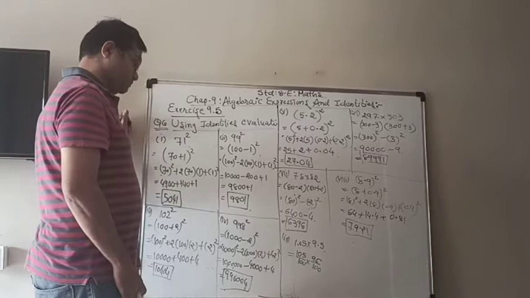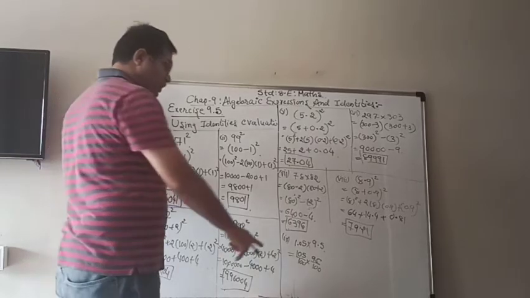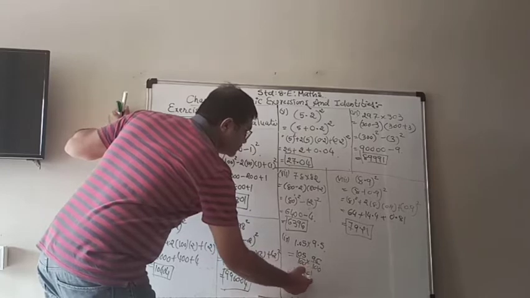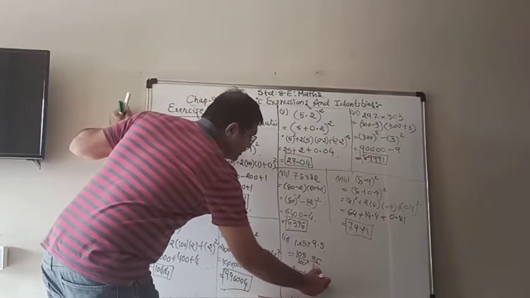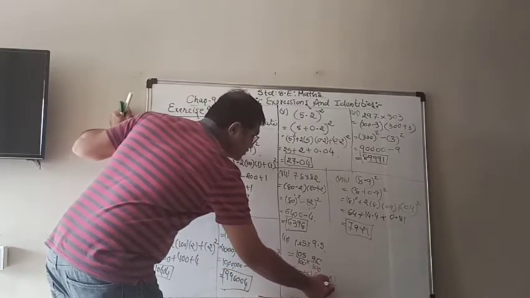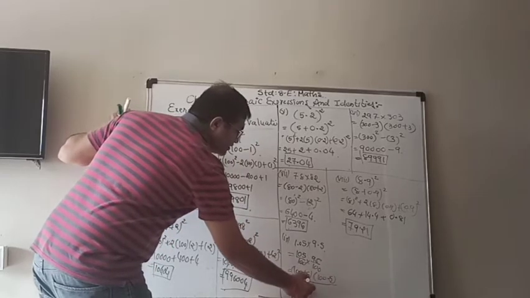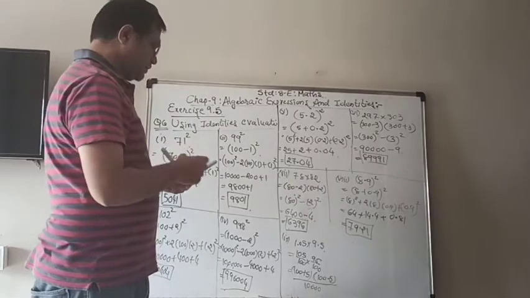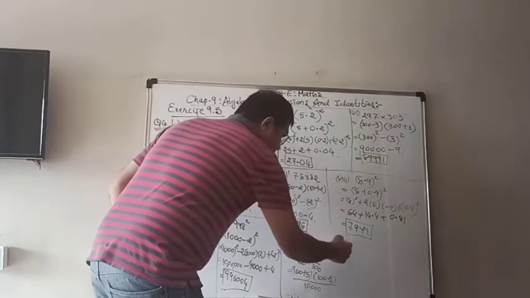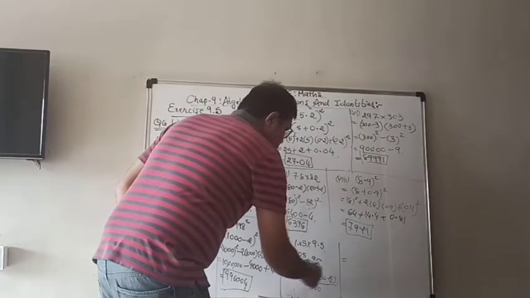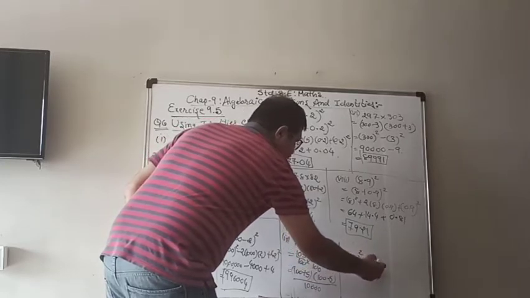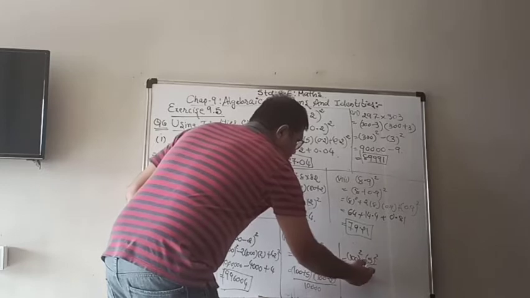So now what will we do? That 105 is 100 plus 5, and that is 100 minus 5, upon 100 into 100 is 10,000. And then we can use that identity. So that is equal to 100 square minus 5 square upon 10,000.